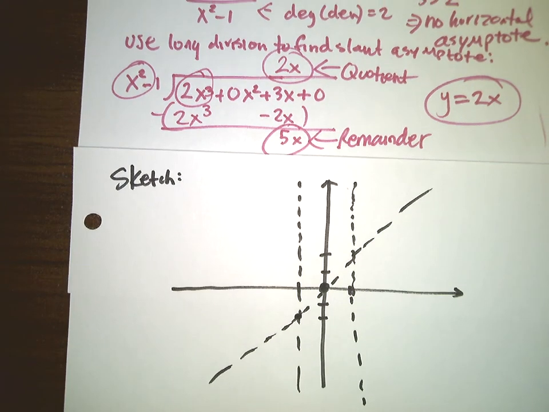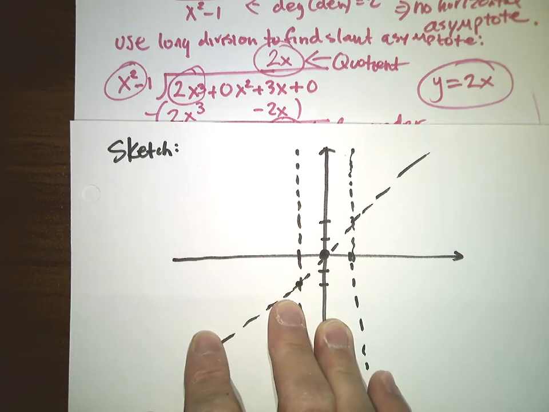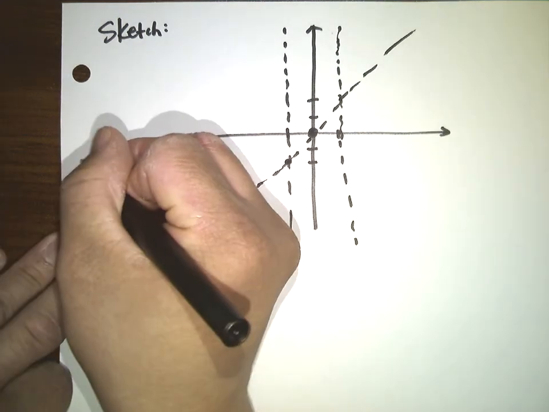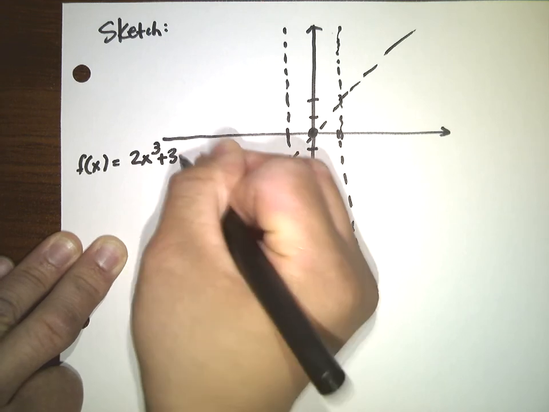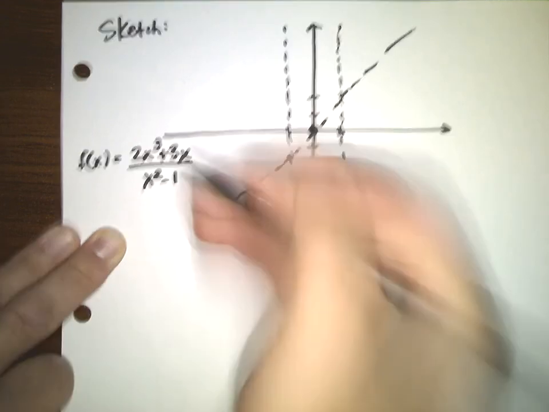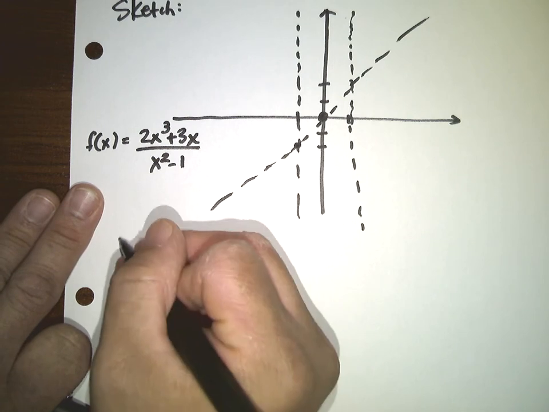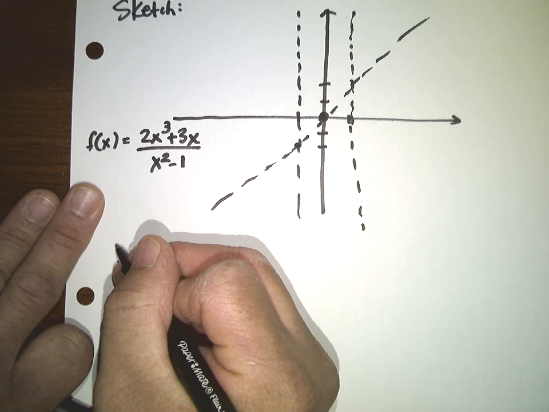Now I need to know what is going on in between these asymptotes. Remember the function f of x was 2x to the third plus 3x over x squared minus 1. I just need to graph a few points.